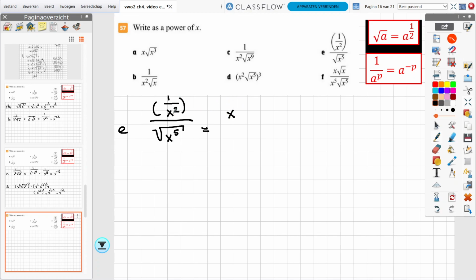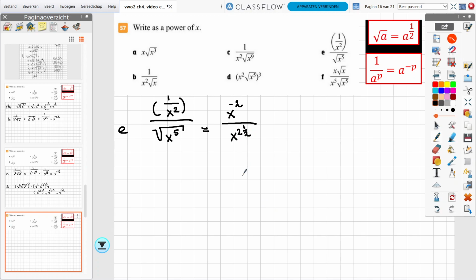So this is the same as taking the denominator, but then to the negative power. So this is the same as this, uses this rule. Over root of x to the power of 5, I can just divide the exponent by 2, so that's the same as this.